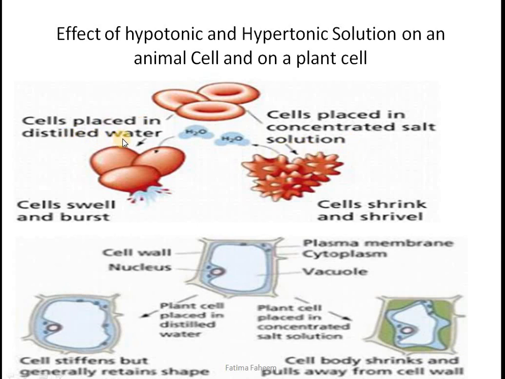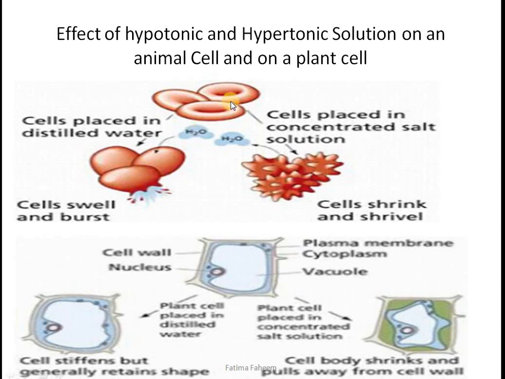Now distilled water is pure water, or you can say it is a hypotonic solution, a solution with very low or negligible amount of solute and a high water potential. What happened was that the normal shape of the cell did not maintain itself. The cells swelled because water entered into them, and ultimately they burst.